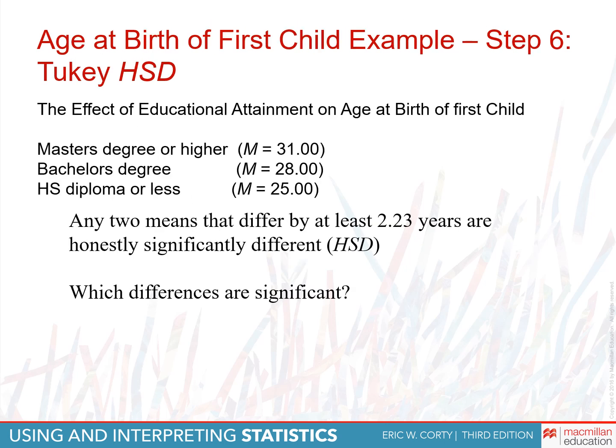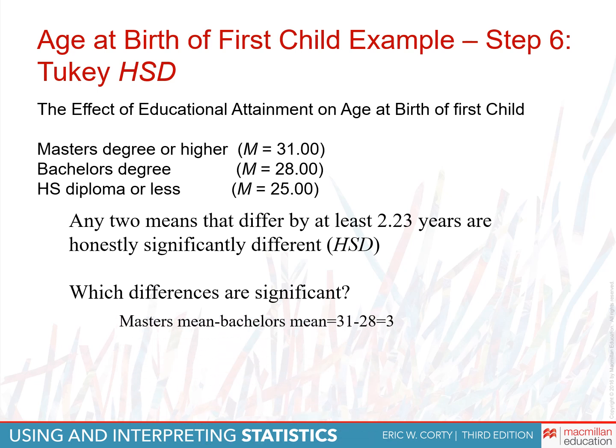All right, so let's look at our example in the context of this Tukey HSD. We said that our HSD was 2.23. So that means if we look at our three means, any two of them that differ by at least 2.23 years are honestly significantly different from each other. So given that, which differences are significant? We can start by looking at the difference in age based on educational attainment.